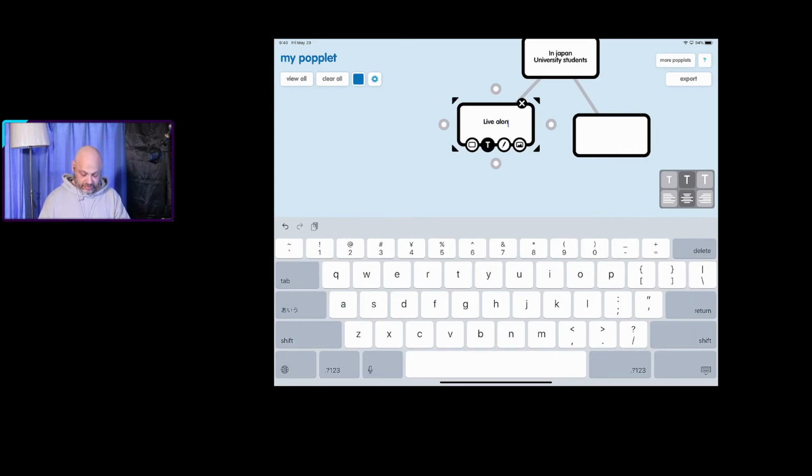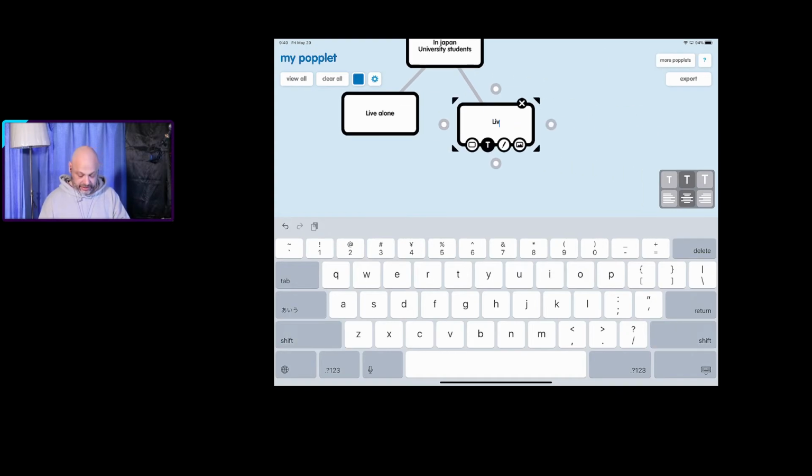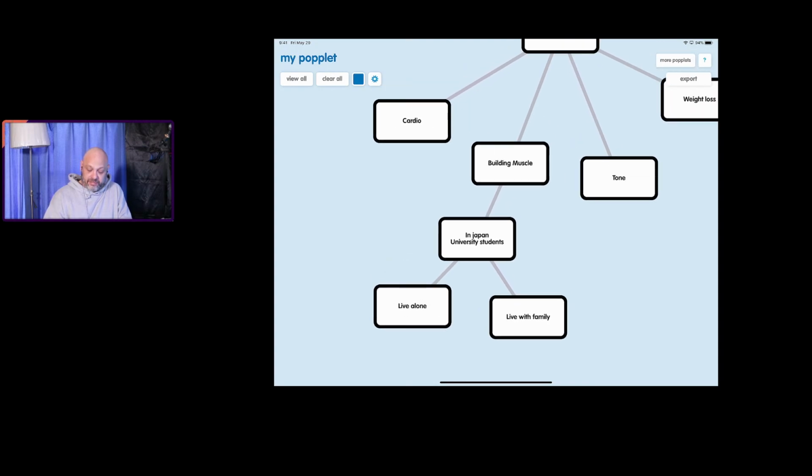Live alone, and live with family, right? So depending on how long the essay is, you can either talk about only living alone, or you talk about people who live with their family, or university students who are living with their families. But either way, you have a location. They're in Japan. They are university students, so you have an age range.